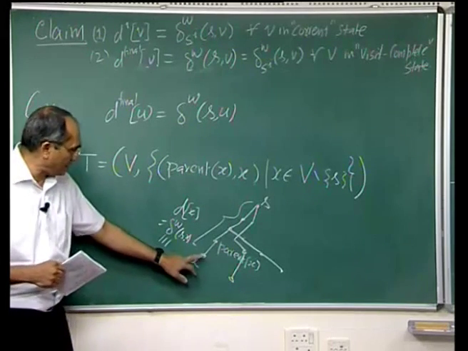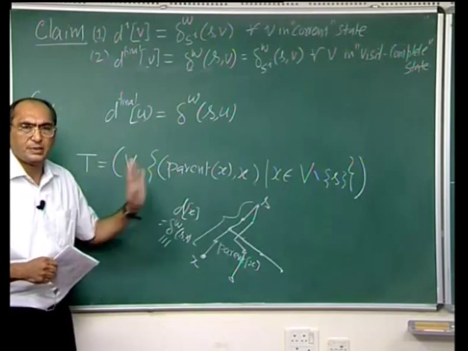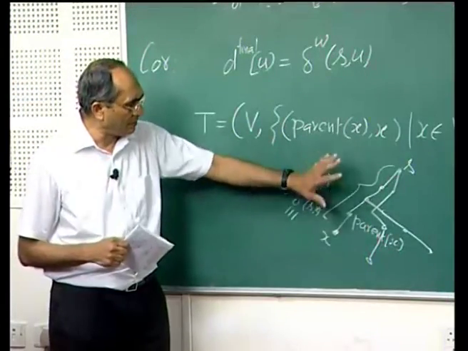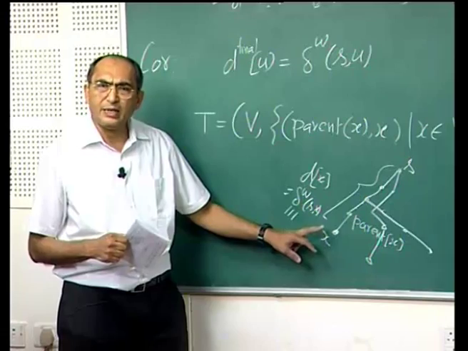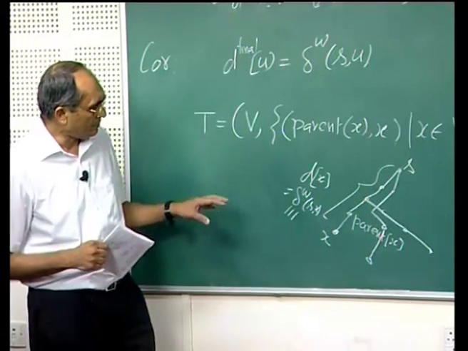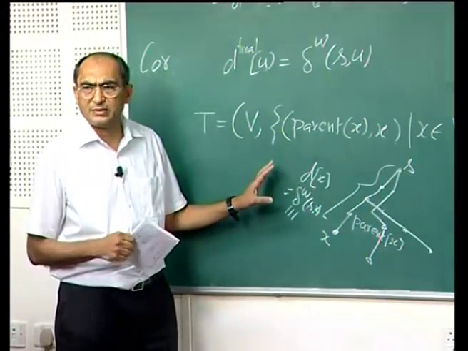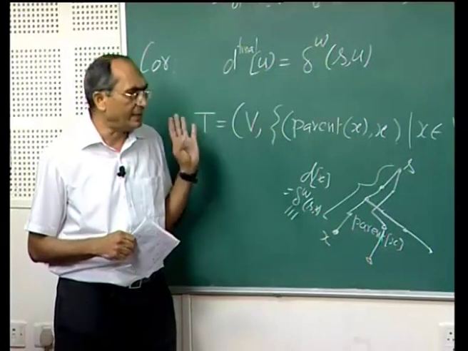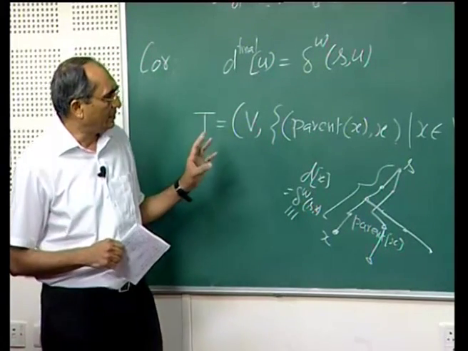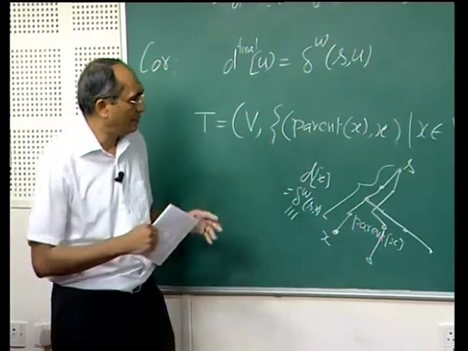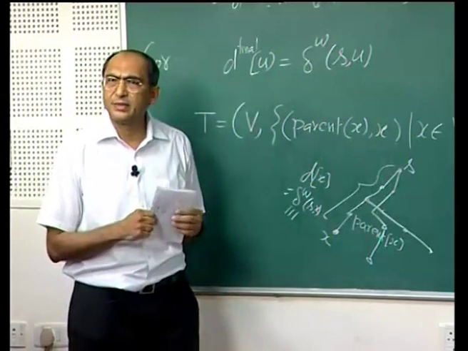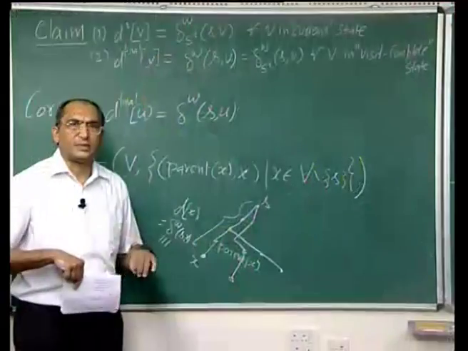Each has at least one edge incident on it, so there is no isolated vertex among them. So, this is a tree, and the path lengths in the tree are equal to their optimum distances in the graph. That is our definition of the weighted shortest path tree for S. So, this is the end of the lecture. Thank you.